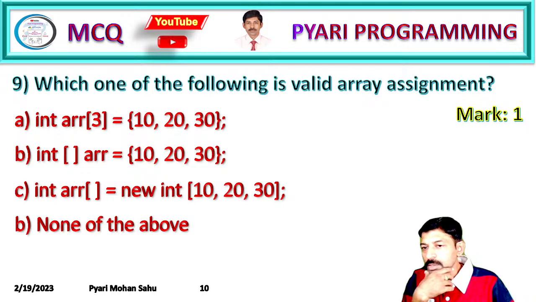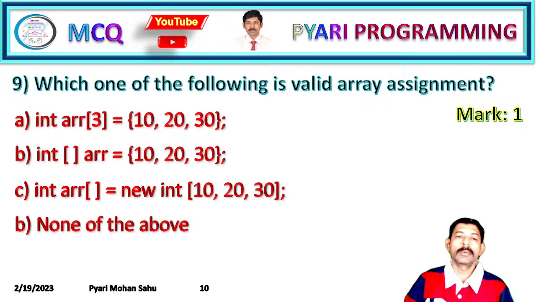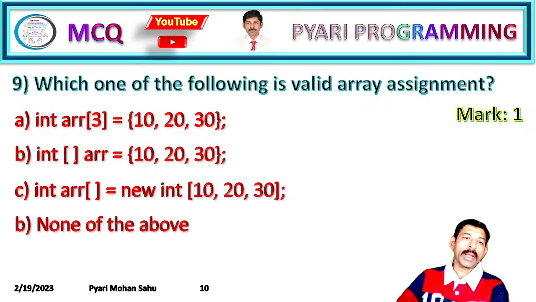Now we got the answer B, B, B. But the square bracket is given on the left hand side. Square bracket is available on the right hand side.